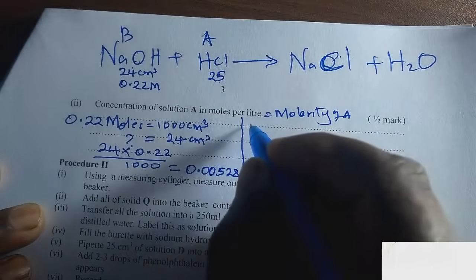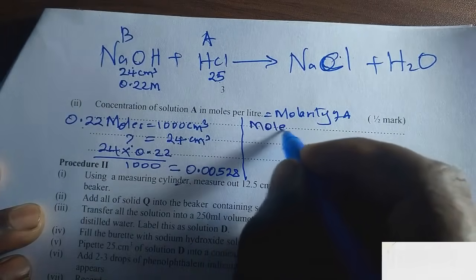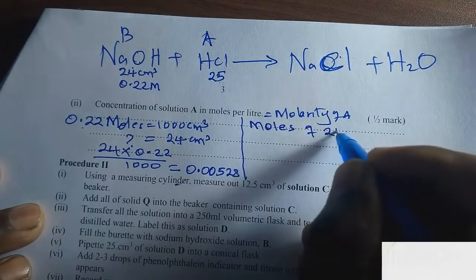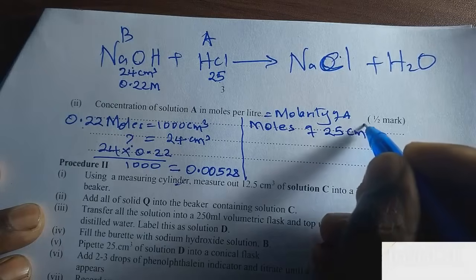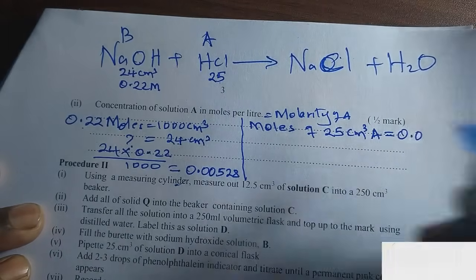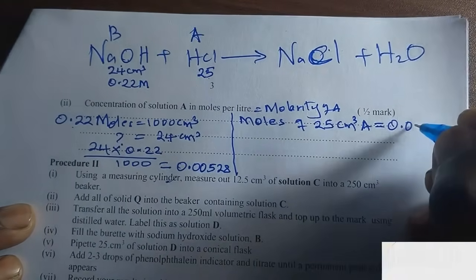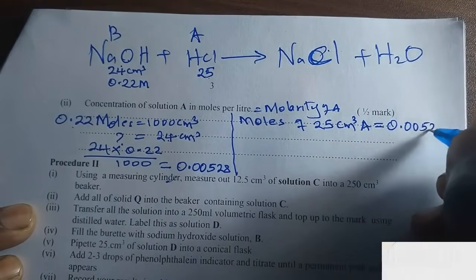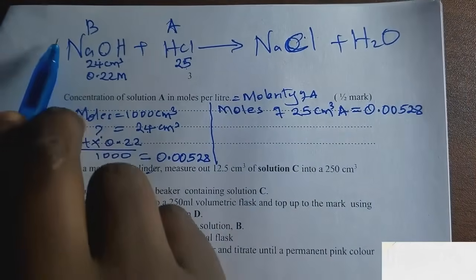Therefore, moles of 25 centimeters cube of solution A would be exactly equal to 0.00528. The reason, the ratio is 1 to 1, right?